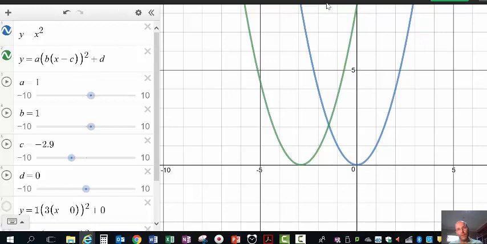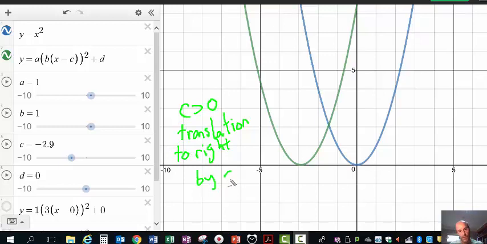So with x minus c, in the case of c greater than 0, so it's positive, it translates to the right by c units.